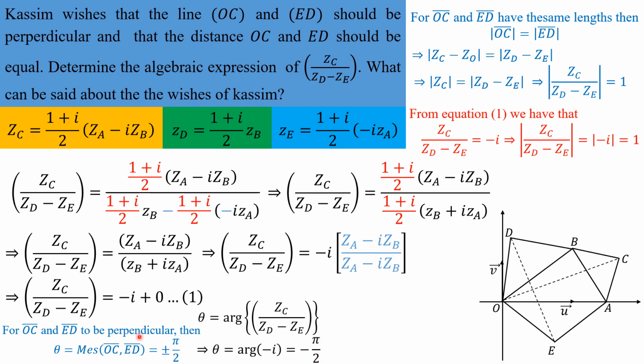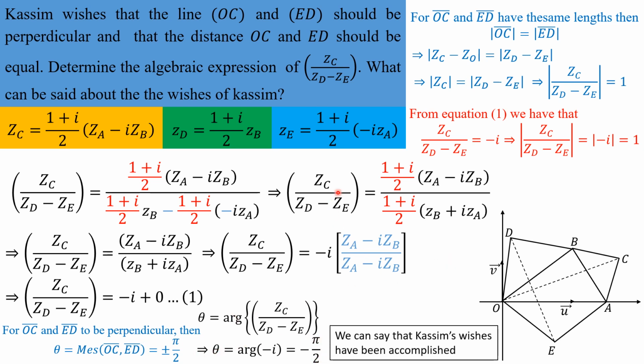So we see that the two lines are perpendicular. So we can conclude that Casim's wishes have been accomplished: the first wish for the lines to have the same length, and the second wish for the lines to be perpendicular.